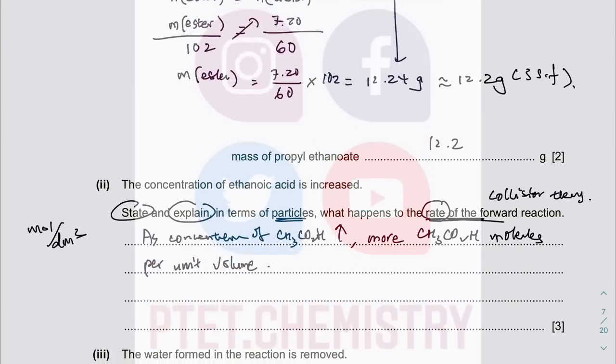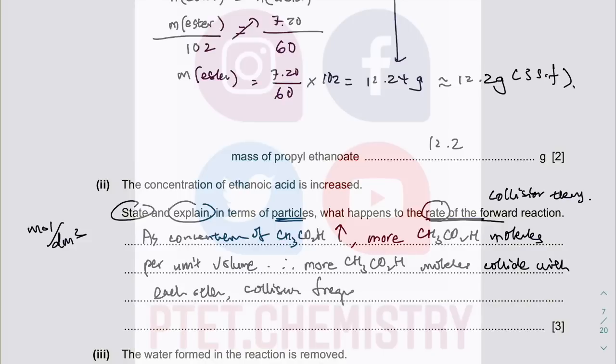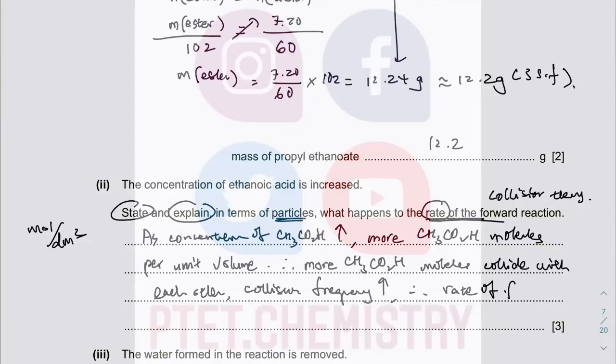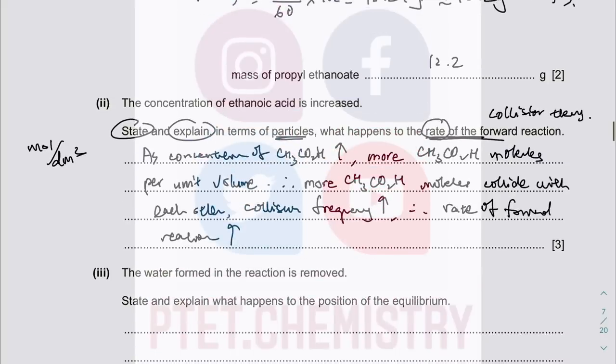Because of that, you can get more CH3CO2H molecules colliding with each other. So collision frequency will increase. They collide more frequently. Therefore, your rate of forward reaction will increase or become faster.